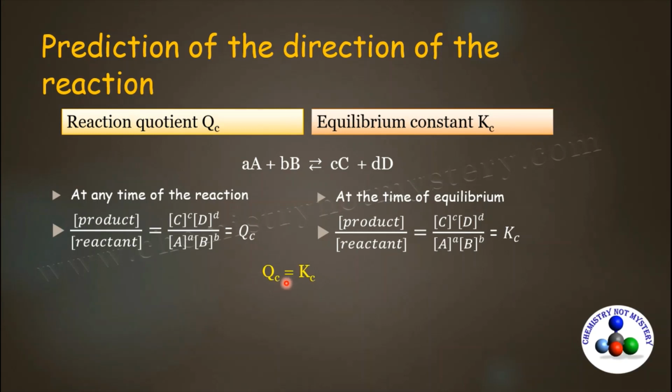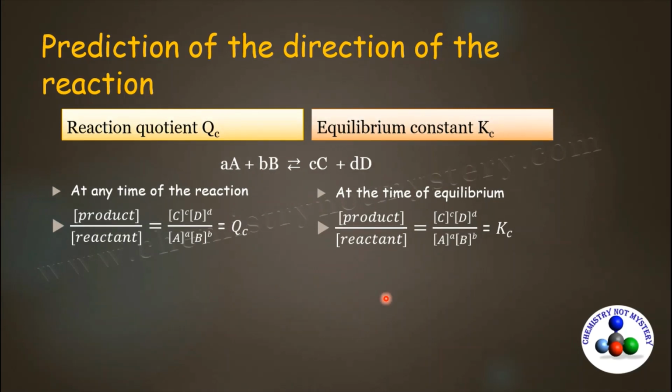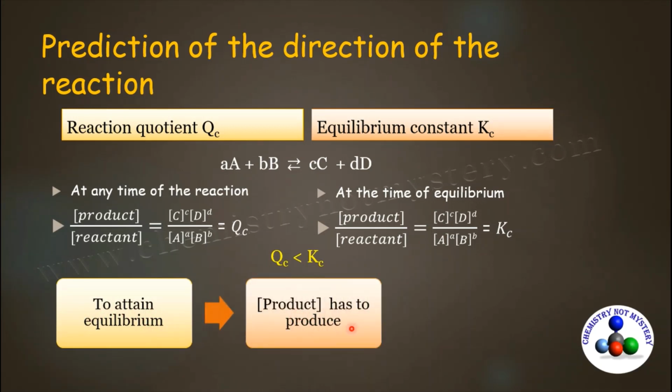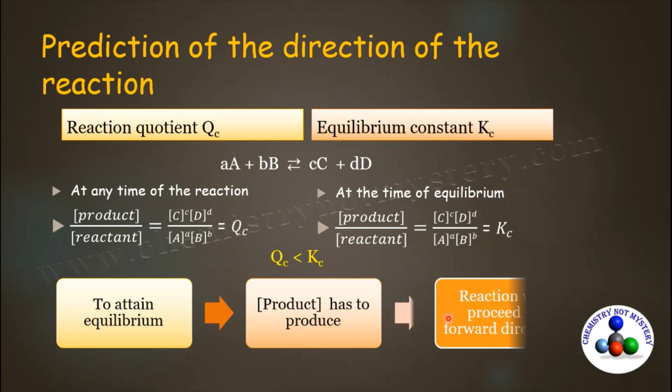If Qc is equal to Kc, that means the reaction is already at equilibrium. But if Qc is less than Kc, that means the numerator of Kc is more than the numerator of Qc. That means to attain equilibrium, more product has to be produced, and it can be produced when the reaction proceeds in the forward direction.